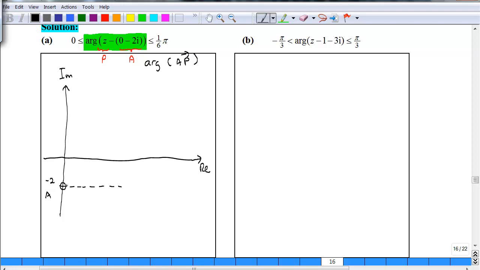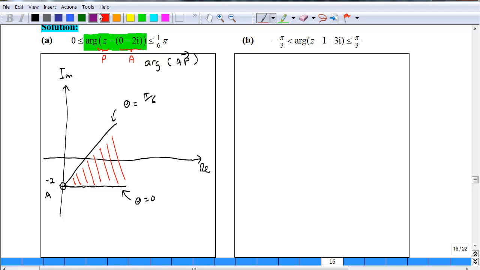So what I need to do is just draw these two lines. This line here represents theta equals 0, and this line here represents the angle theta equals pi over 6. Whatever is in between will represent the complex number z such that it satisfies that inequality.